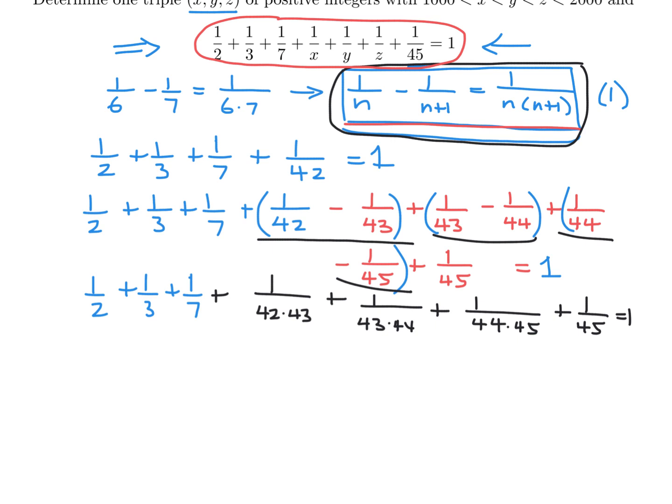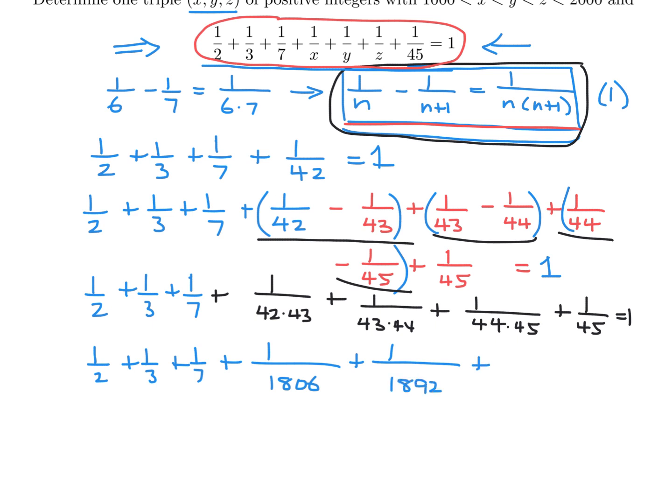And now let's just expand those numbers in the denominators. So far this is identical to what's up here. And then this guy, 1 over 42 times 43 is 1806. 1 over 43 times 44 is 1892. And 1 over 44 times 45 is 1980.